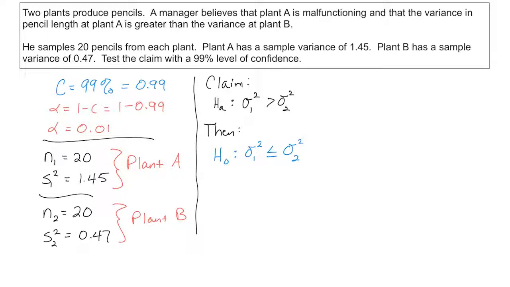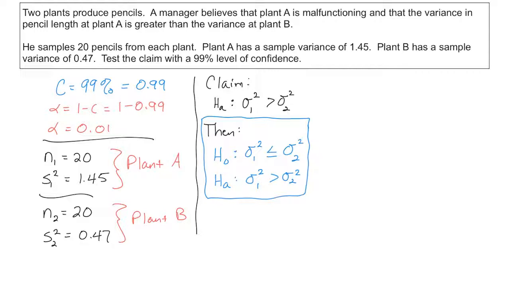And then I'll write down the alternate hypothesis below, which is what we just wrote above: sigma 1 squared greater than sigma 2 squared. So make sure you understand this. This is important, so I'm going to circle this, because this is the crux of the problem. You're claiming that the variance of the pencils coming off the plant is greater from plant 1 than plant 2, so the null hypothesis has to be the exact mathematical opposite. It has to be that plant A is producing equal to or maybe less variance than plant 2. That's the null accepted hypothesis.